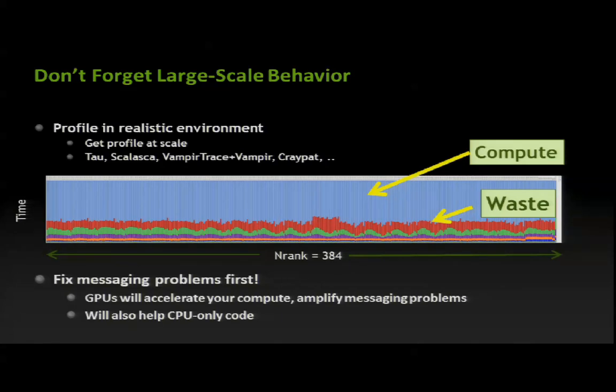The blue part is the actual compute part, and the rest is messaging and waiting and whatnot. If we accelerate the compute part with the GPUs, it simply means that those other parts become much more expensive. So the first action item should always be to make sure that the messaging is as optimal as possible.